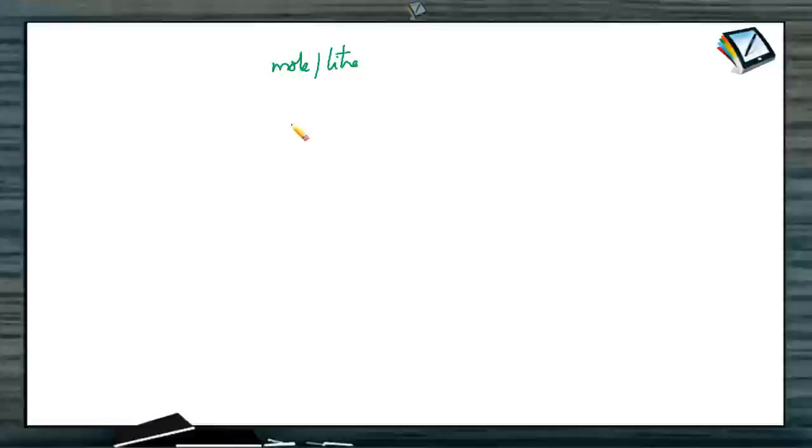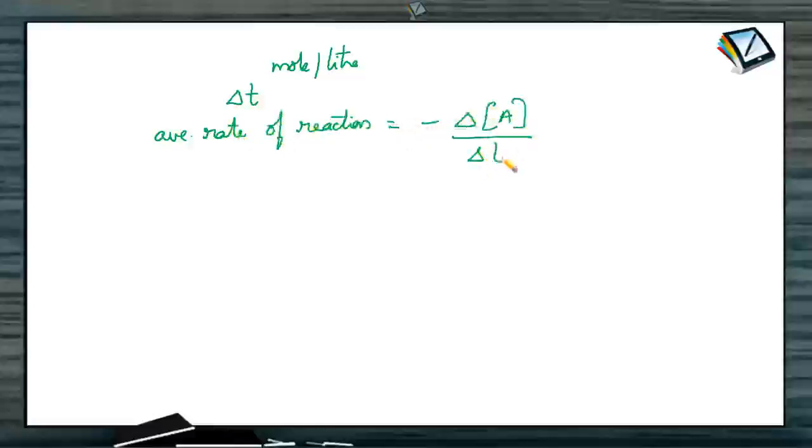We can write like this: average rate of reaction is equal to minus delta A upon delta t. And what is this delta A? Delta A is the change in the concentration of A in that particular time interval delta t.